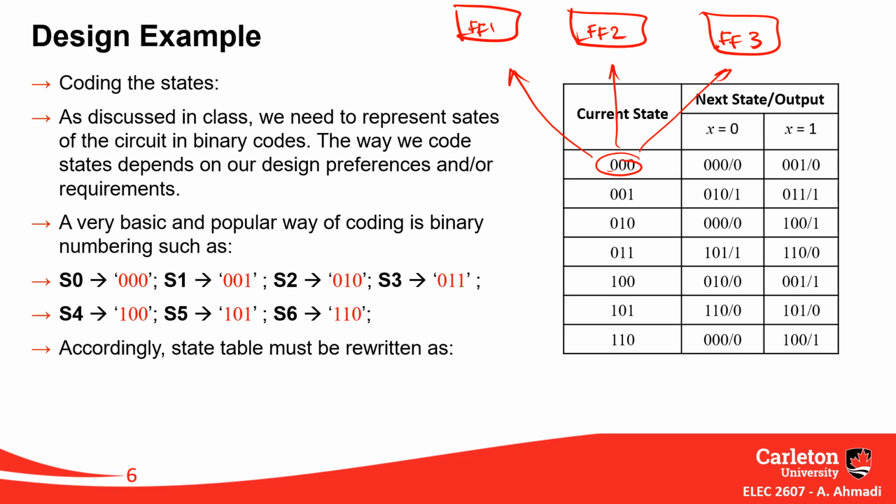So these 3 flip-flops are capable of saving every state of my circuit. The main question is how this state will be transformed to this or this state in my flip-flops. Or if I'm at this state, how it can be changed to this and this for different inputs. That's where logic design comes in. That's where we design a circuit to make these changes to the values saved in flip-flops if you get different inputs.